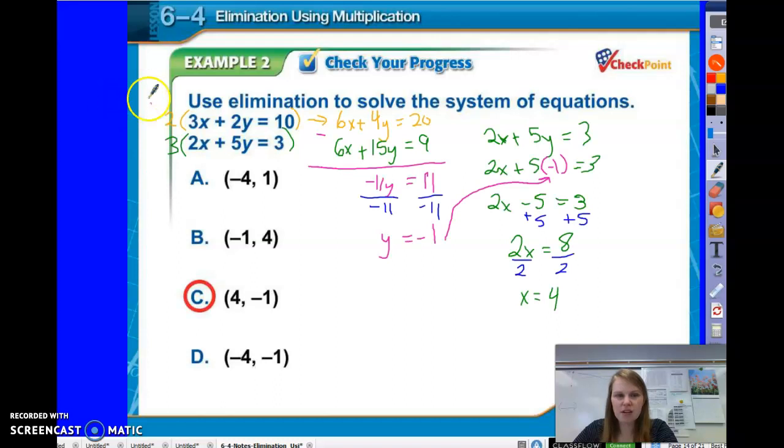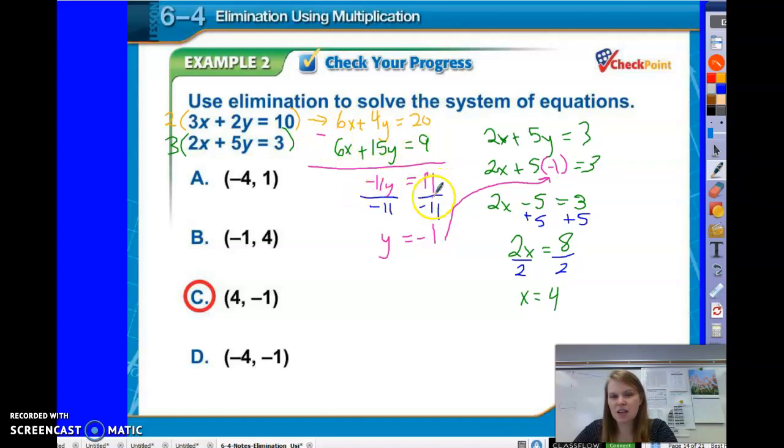When I worked through it, I chose to take the top equation times 2, so that would give me a 6x, and the second equation I multiplied by 3, so that also gave me a 6x. However, I know that when I did that, these do not add together to cancel out, so again I'm going to subtract. I'm going to say 6 minus 6, and then 4 minus 15, and then 20 minus 9.